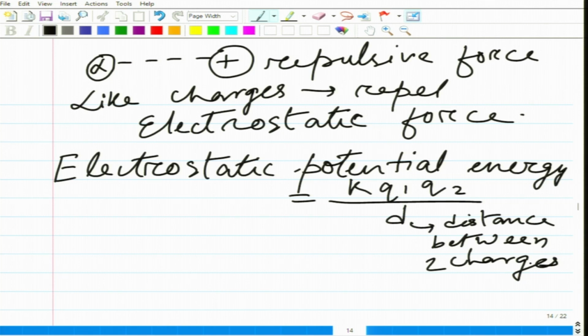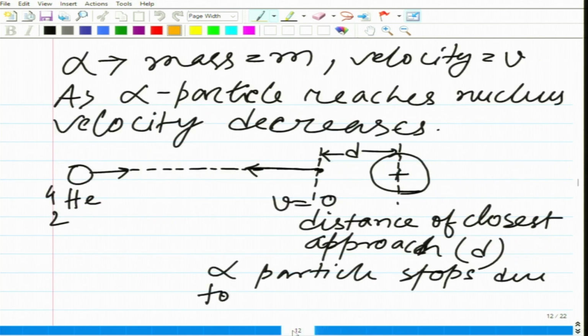So E initial equals E final, since energy is conserved. What was E initial? Initially when the particle was moving, it was having a velocity v and kinetic energy half mv square.